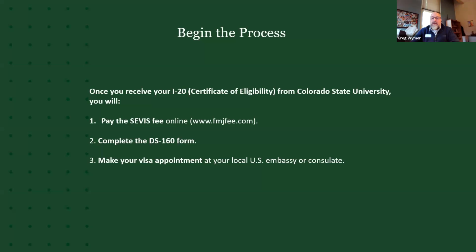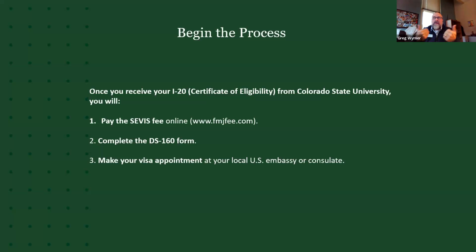If the name on your I-20 does not match your passport, please contact our international admissions team before paying the SEVIS fee and applying for your visa. Once you've paid the SEVIS I-901 fee, print out the receipt.